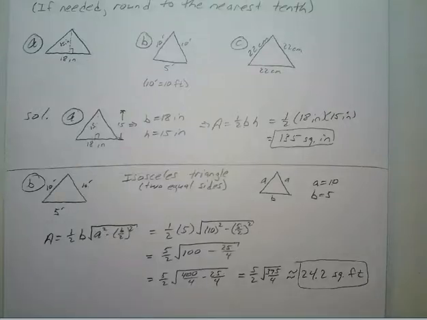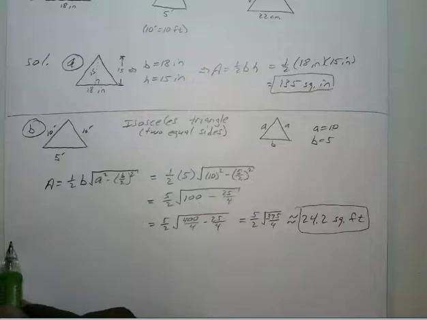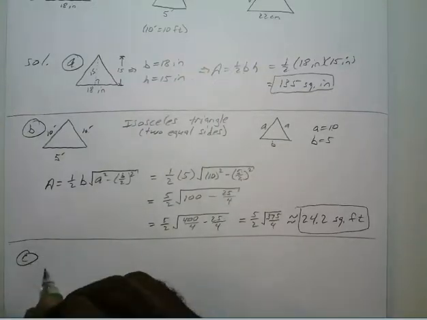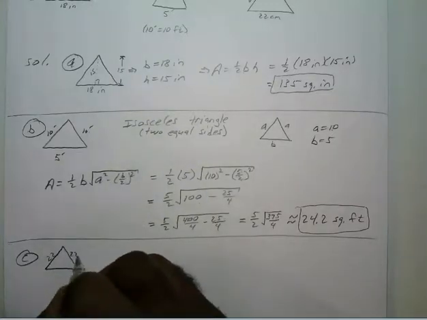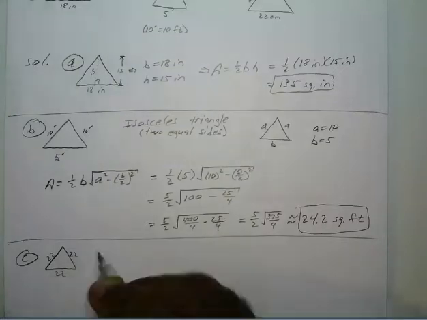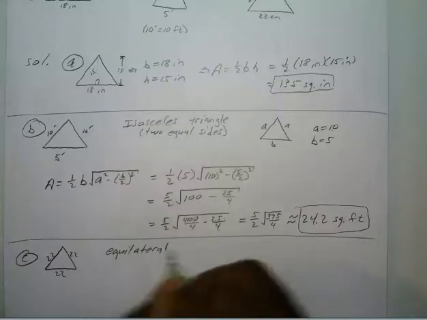All right, so for problem C, and I'm just going to redraw it, where this is 22, 22, and 22. Okay, so we see here we have our equilateral triangle.